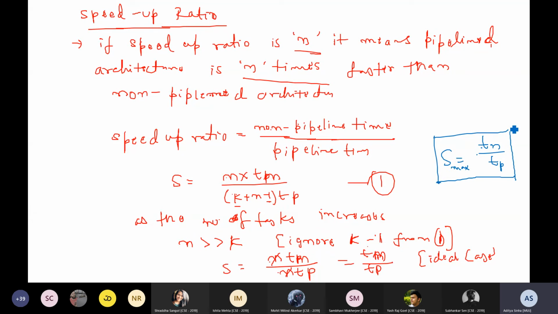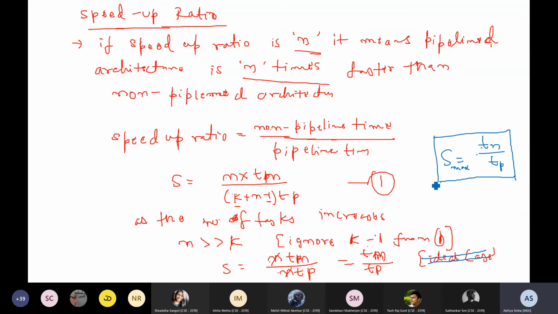There is one situation we'll discuss later that is called S ideal. This is not ideal, this is S max. The ideal situation is when the time for the pipeline and the non-pipeline will be similar, the same. So from the speed up ratio we can guess one thing: speed up can never be more than the value of k, that is the number of segments we have divided.